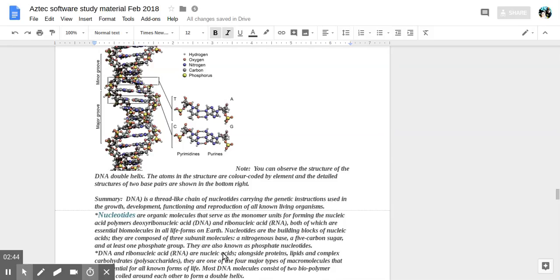They're composed of three subunit molecules: a nitrogenous base, a 5-carbon sugar, and at least one phosphate group.